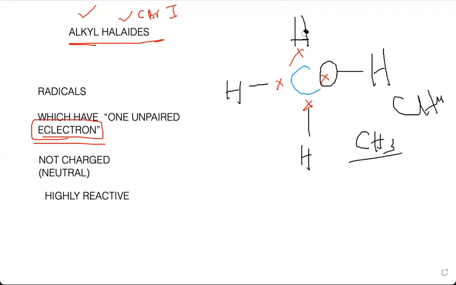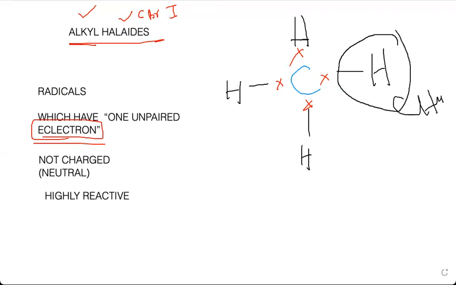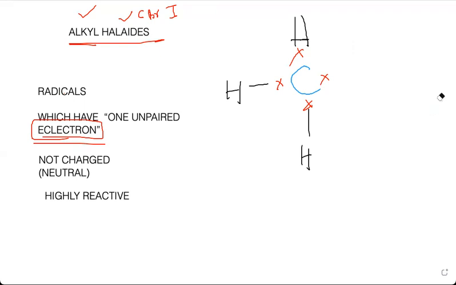Hydrogen is not losing or gaining electron right now. It's sharing electrons. So this is CH4, the methane. Methane is not a free radical. But yes, if you remove this hydrogen from the methane, it has become CH3.